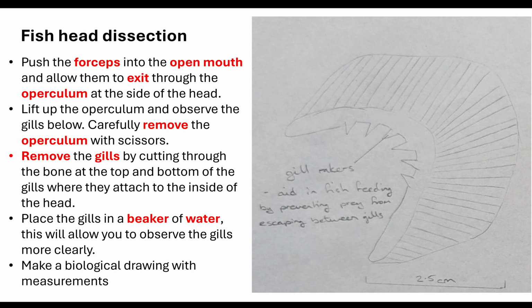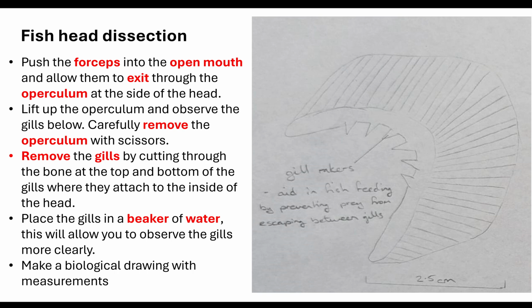So you also need to be able to discuss how you would do a fish head dissection and what is needed to ensure that you can see the different parts, the operculum as well as the gills. The first thing you would do if you're going to do a fish dissection is take a set of forceps and push them through the mouth and out through the operculum.